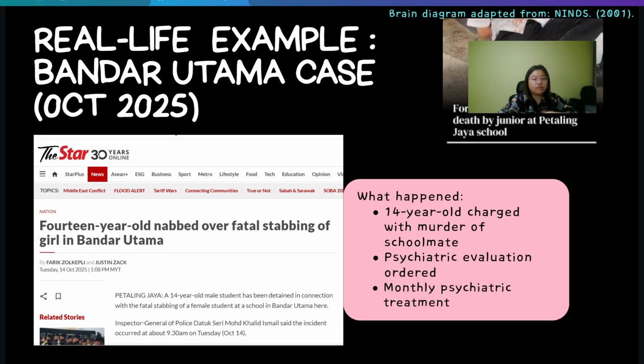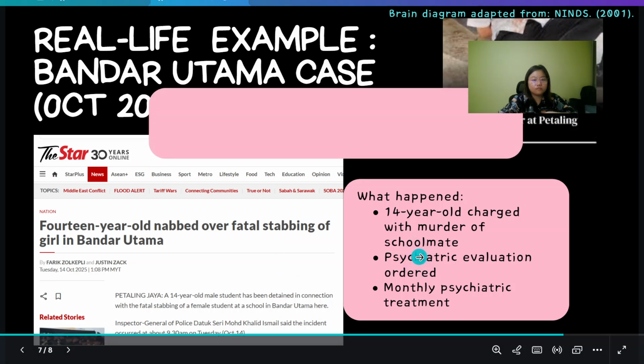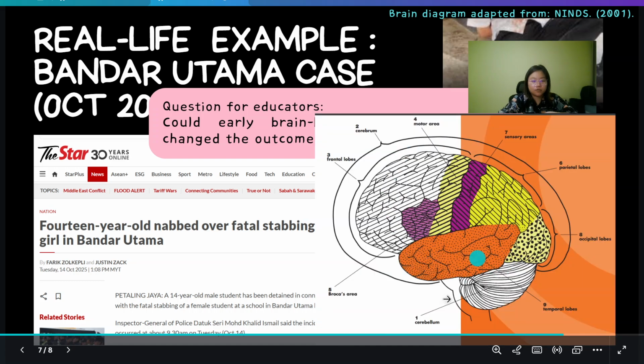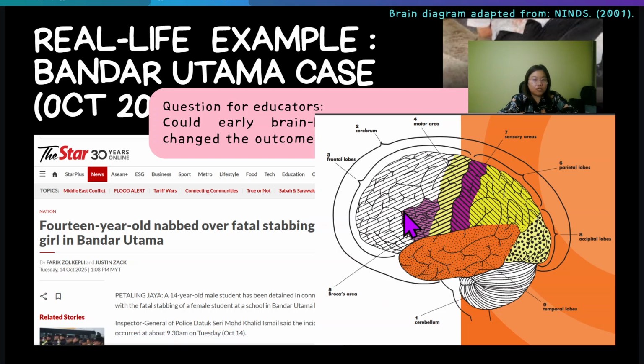First, the frontal lobe. At 14, this student's frontal lobe was still developing, so his ability to make good decisions and control his impulses might not be fully matured yet.